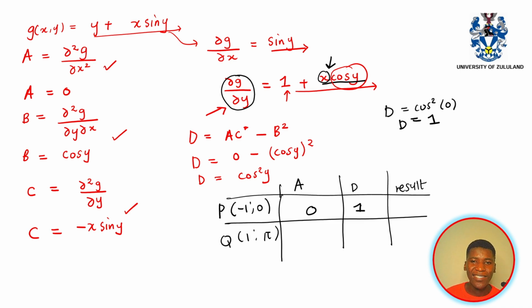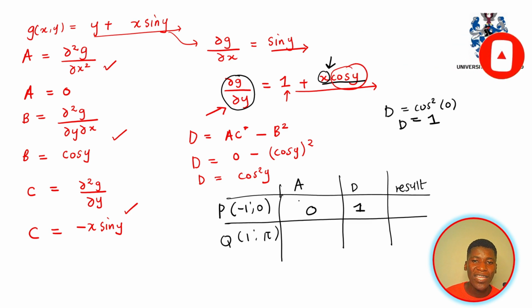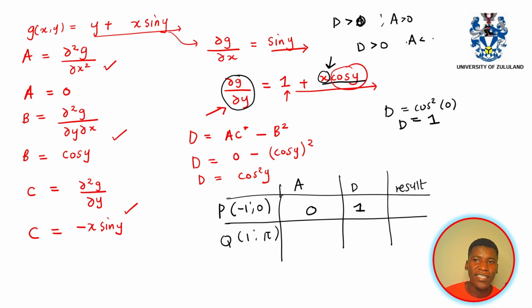So which result is this? The discriminant is greater than 0, and the value of A is equal to 0. Remember that if the discriminant is greater than 0 and A is greater than 0, this is a local minimum. If the discriminant is greater than 0 and A is less than 0, it's a local maximum.